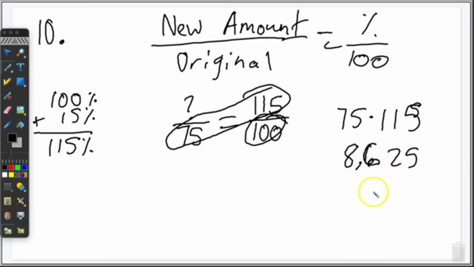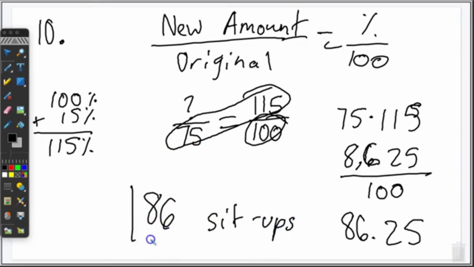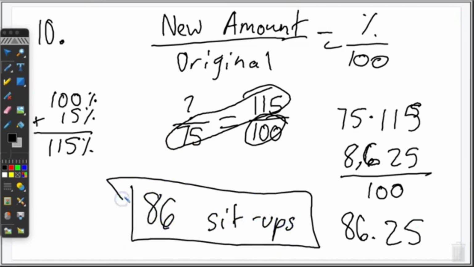Then we will divide by 100 and we will get 86.25. But you can't do 0.25 of a sit-up, so we would round down to 86 sit-ups. If you can't get that full sit-up in, it goes down.